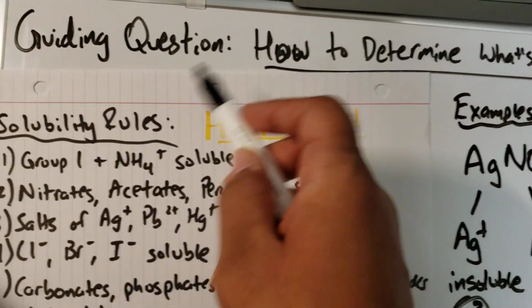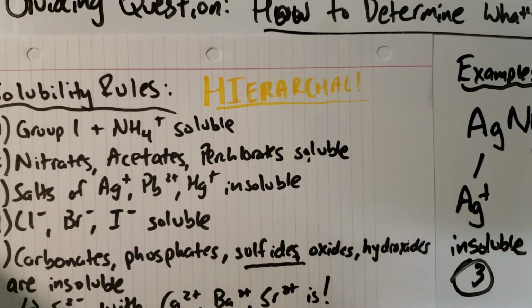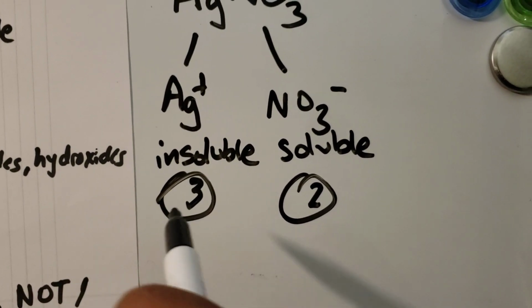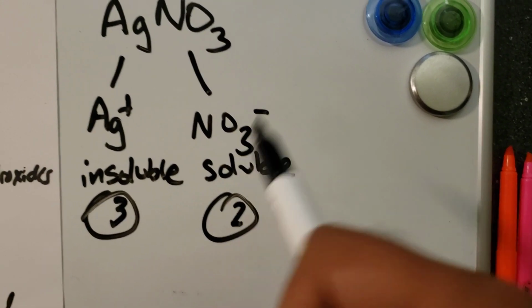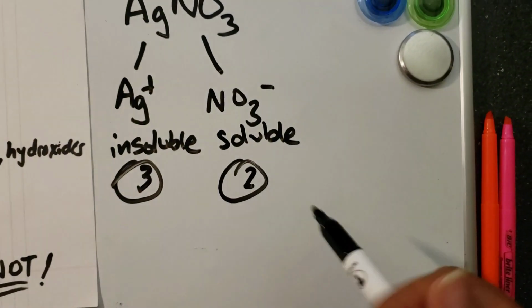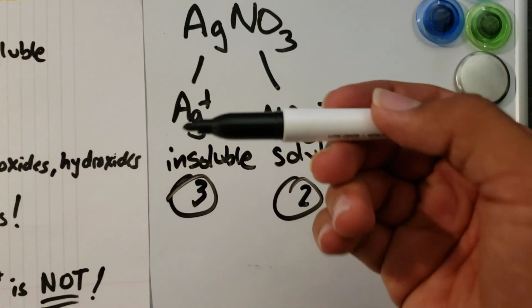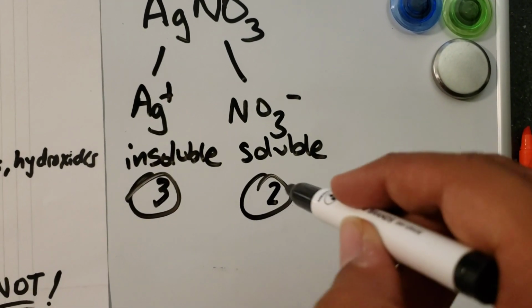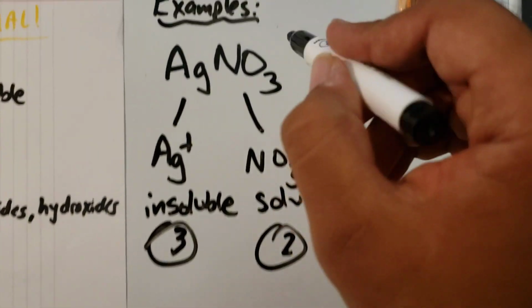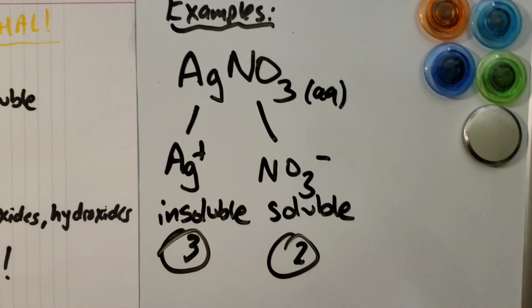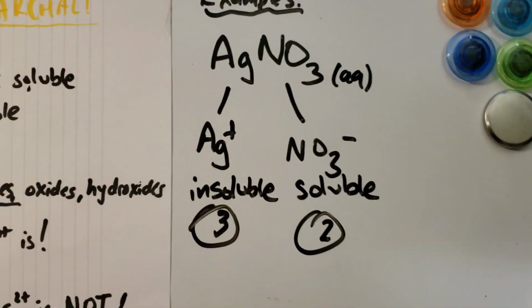This is where that hierarchical understanding is going to come into play, because I get that it's insoluble from Rule 3, but Rule 2 states, which is higher, I mean, it's not greater than Rule 3, so I understand how that might be confusing, but it's higher up than Rule 3, because Rule 1 is going to be the top, 2, 3, 4, and so forth. It says that it's going to be soluble. Therefore, AgNO3 is going to be soluble, which means it's going to break up into its ionic components when it dissolves in an aqueous solvent like water.